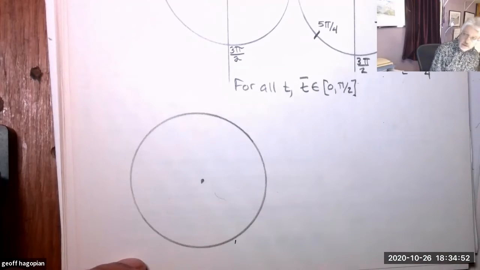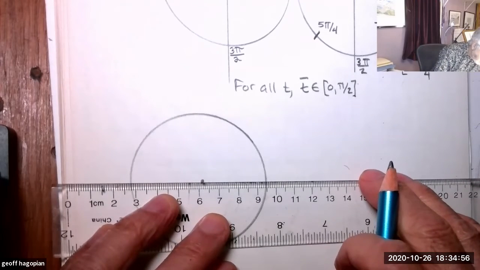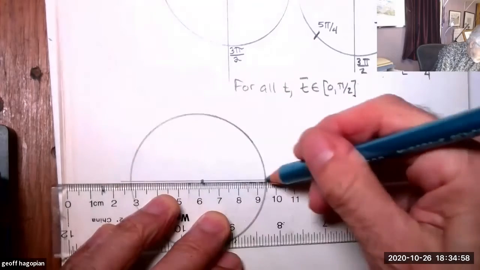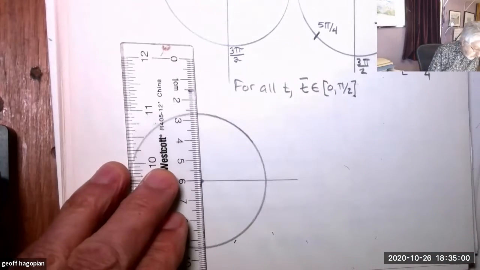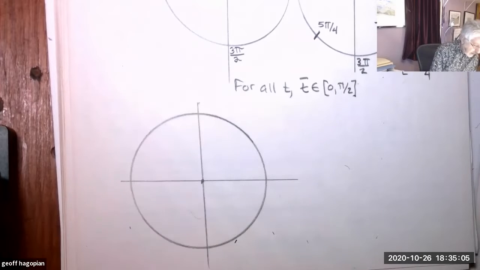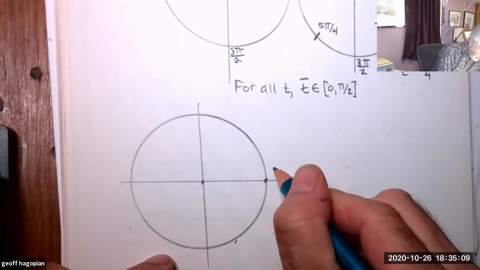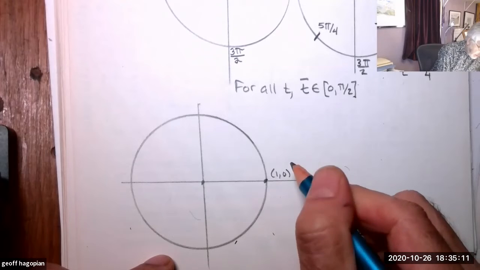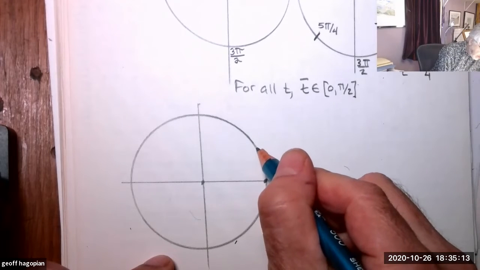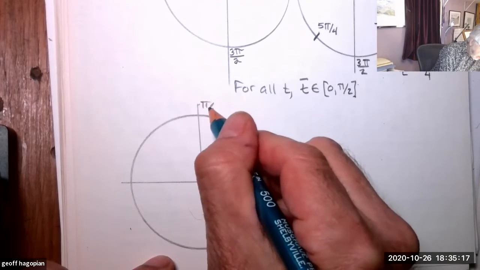Okay, I'm going to draw the x-axis through the center, and the y-axis perpendicular to that through the center. And this is the point 1, 0. And if we go pi over 6, that's 1/3 of the way to pi over 2, right?